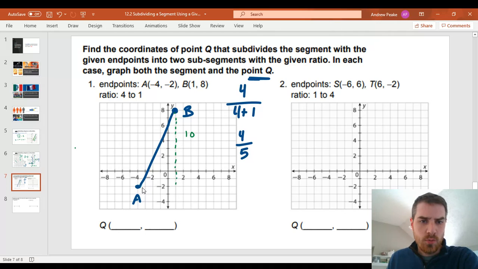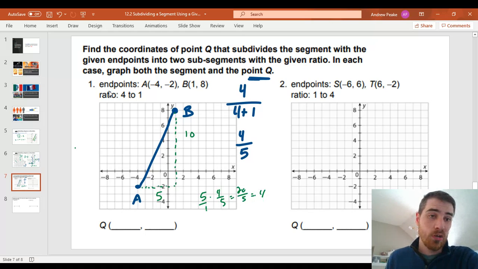And then my run would be, looks like, 1, 2, 3, 4, 5, I believe from -4 to 1. That sounds right. So I got 10 over 5 as my rise over run. To figure out 4/5 of that, I'm going to multiply 10 times 4/5 and 5 times 4/5 and see what we get. So 5 times 4/5 is 20 over 5, which would be 4.